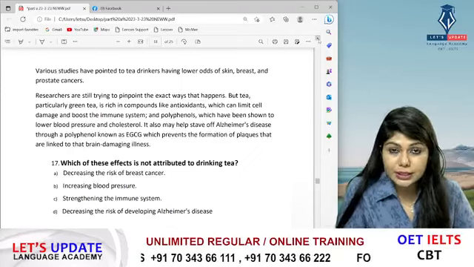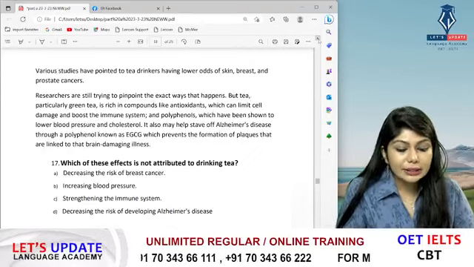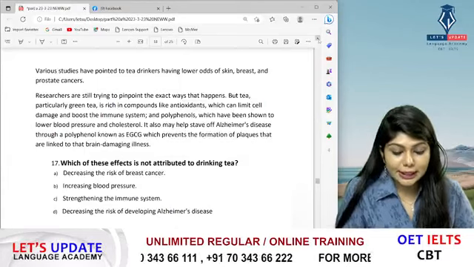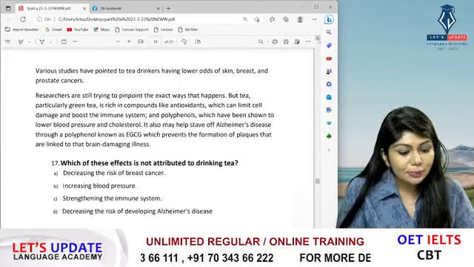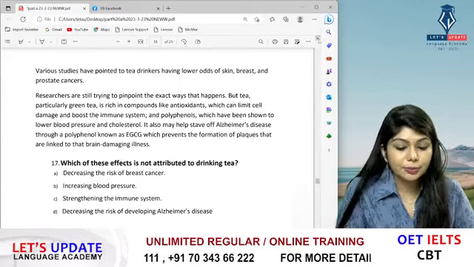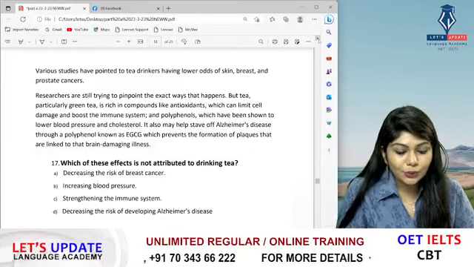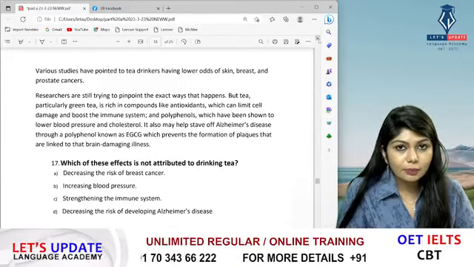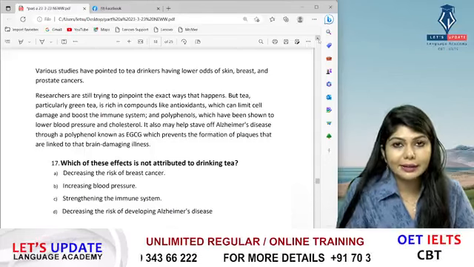Moving towards the question: which of these effects is not attributed to drinking tea? So they are asking for something that is not attributed to drinking, so you have to find something which is false or incorrect.